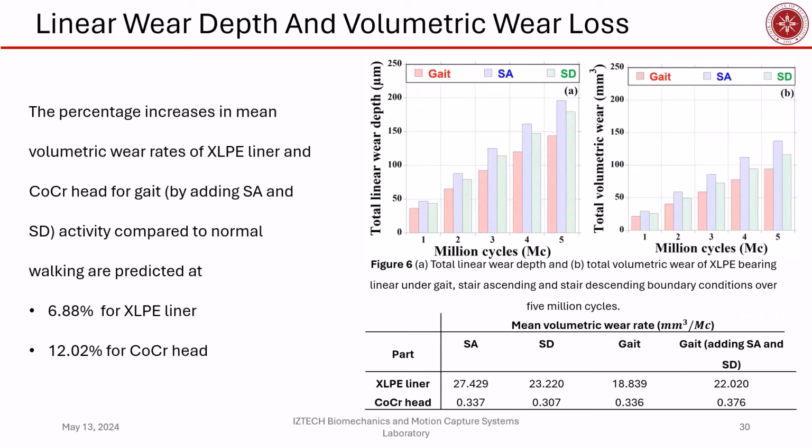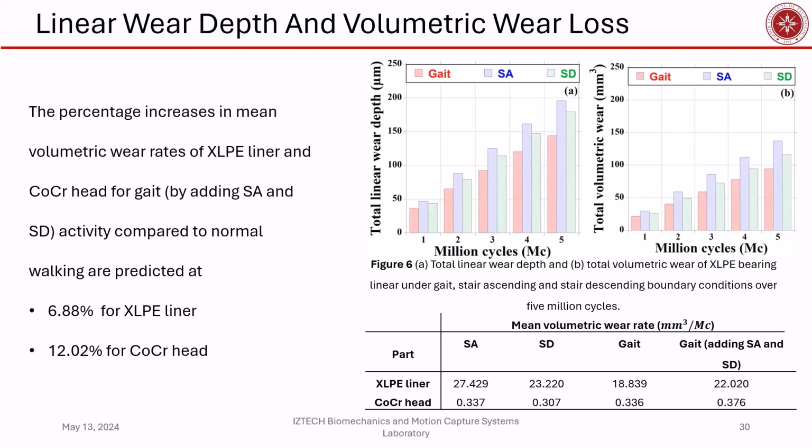Figure 6a shows the total linear wear depth over the million cycles, and B shows the total volumetric wear of cross-linked bearing liner under stair descending, ascending, and the gait activity over the 5 million cycles.